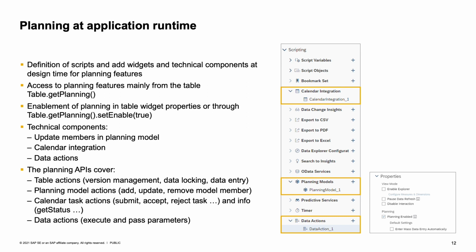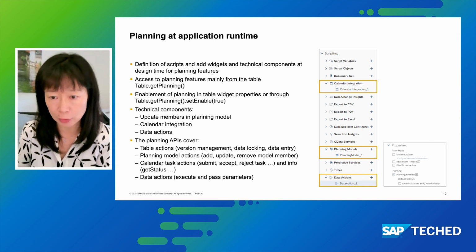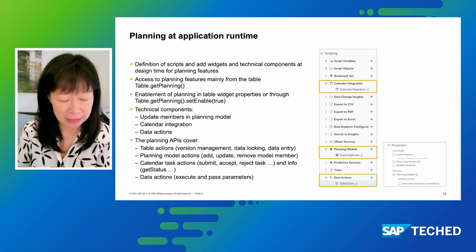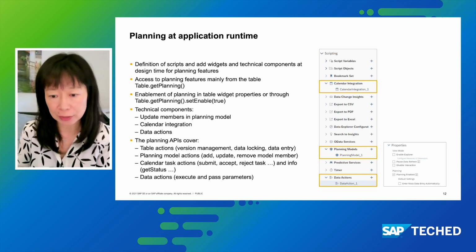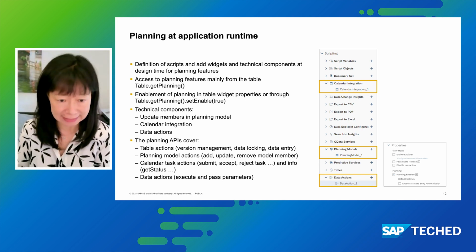For that, you need to create the technical component called planning model here. You can leverage all of the calendar task APIs. For that, you need to create the technical component in the Analytic Designer called calendar task, and you can trigger context-based data actions. For that, you need to create a technical component, data actions.